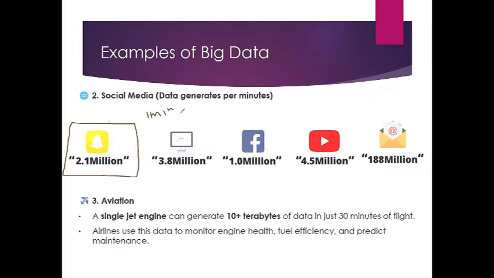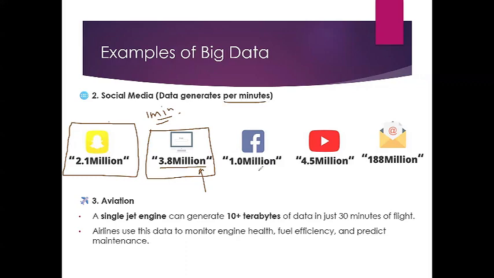Per minute. Then people use Google, and based on that, Google generates around 3.8 million data per minute, right? This is per minute.